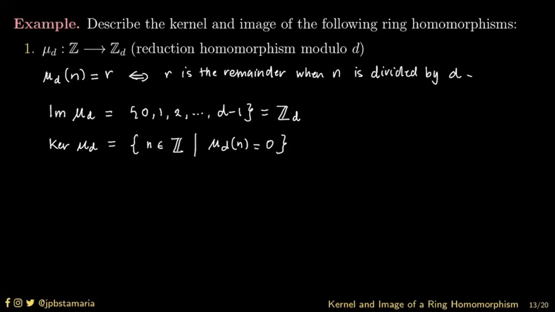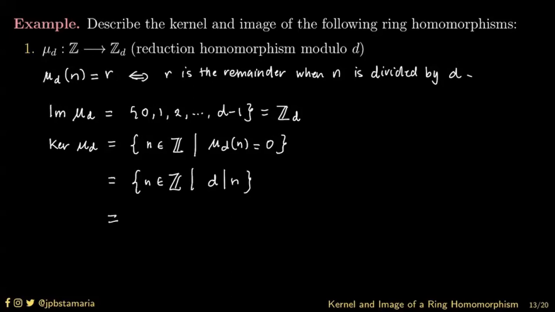So this contains all the integers which leave a remainder of 0 when you divide by D. So basically, kapag sinabing remainder 0, ito yung mga integers n na dinidivide ng D. So ano laman nito? Ang laman nito yung mga multiples ng D.